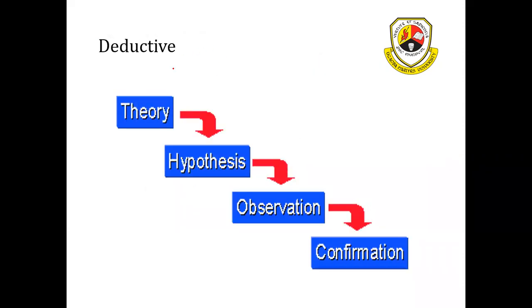Now, basically, a deductive approach starts from a theory. From this theory, we develop a hypothesis. Then from the hypothesis, we make observations and we confirm if the hypothesis is really true.